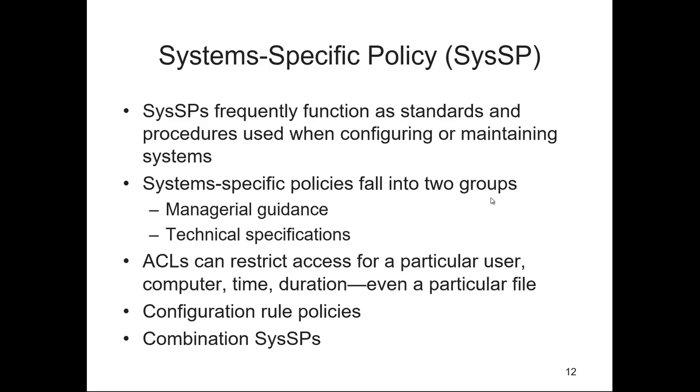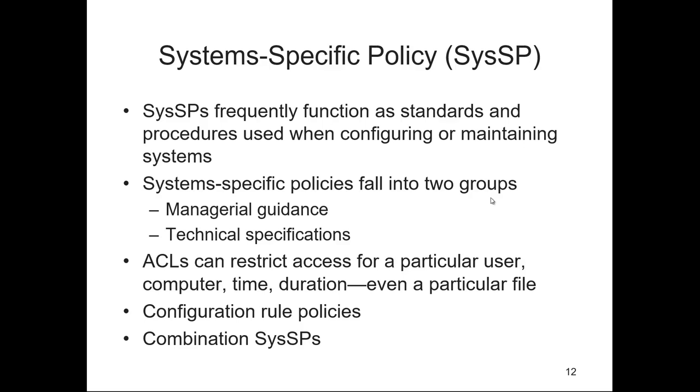The access control list policy allows configuration to restrict access from anyone and anywhere. It regulates who can use the system, what an authorized user can access, when an authorized user can access the system, and where authorized users can access the system from.